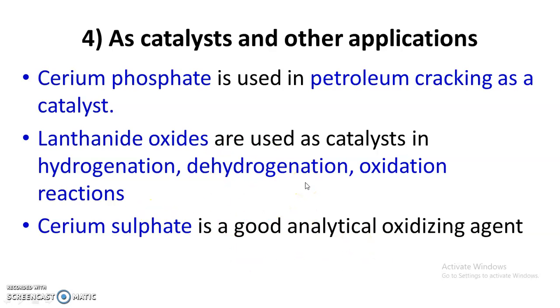In this way, lanthanides find very good applications in several fields, including the nuclear field, magnetic area, electronic area, in the making of lasers, as a catalyst, as a reagent, etc. Now here we completed the chemistry of inner transition elements.